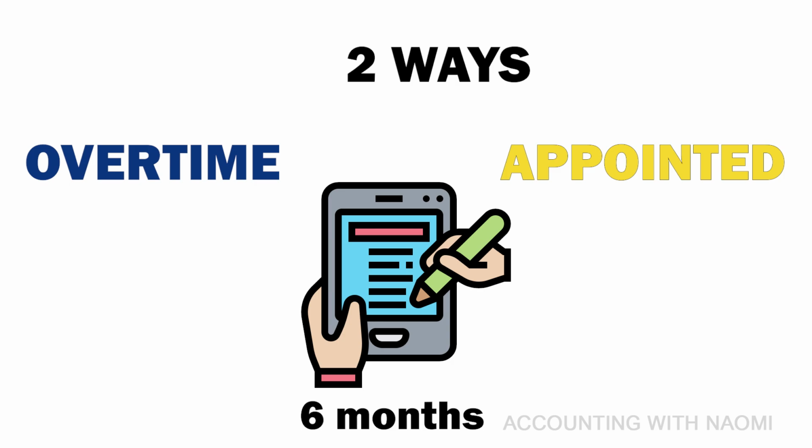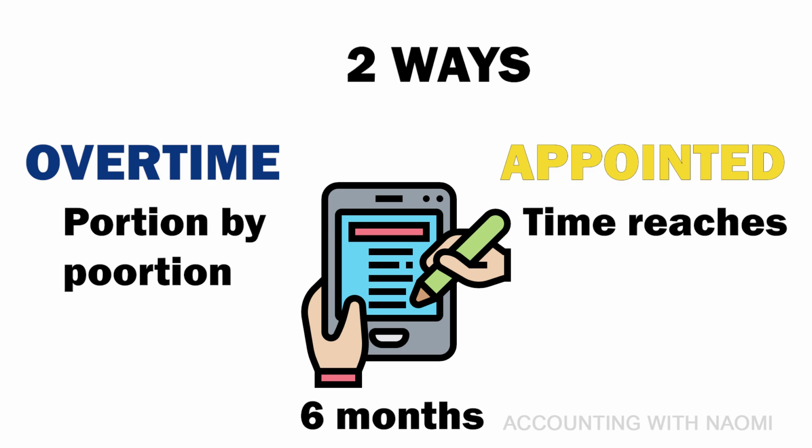Then I recognize the rest as we go. So over time means I can do it portion by portion, but at a point in time means I'm doing it when the time reaches. Okay, so that's how it happens. That's how you recognize your revenue. And then we go on to other considerations.